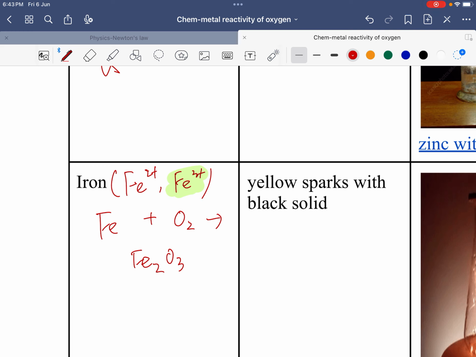So 3 times 2 is 6, so we double the product. For the reactant part, which is the oxygen gas, 2 times 3 is 6, so 3 oxygen gas here. About the iron, we have 4 iron here, so write 4 here.